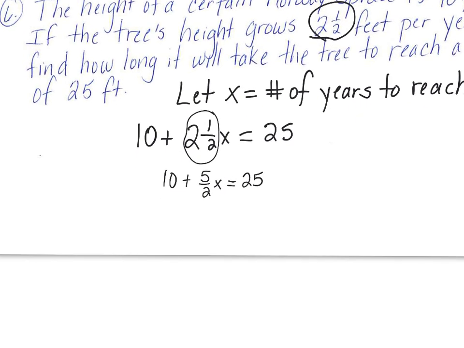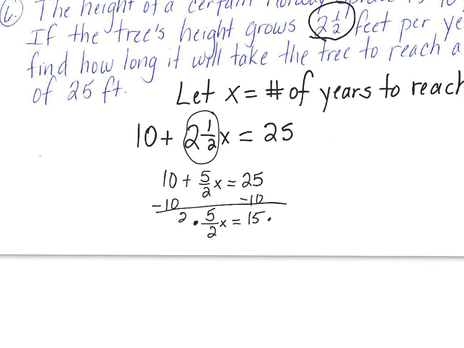Okay, what do we do now? We would subtract 10 on both sides. Yep. And we get 5 over 2x equals, what, 15? Then what do we do? We multiply 2/5 on each side.